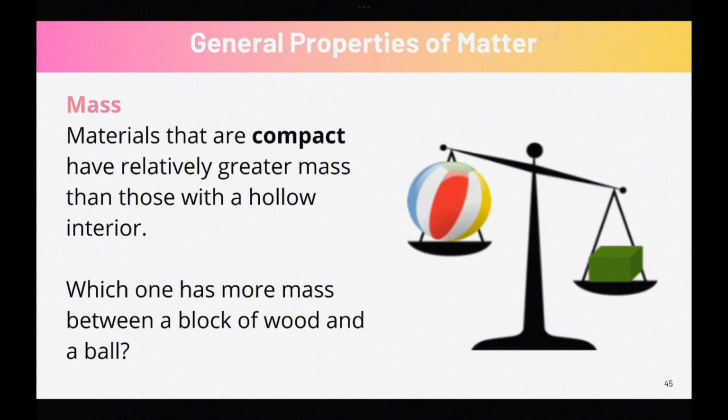For example, in the picture on the right, which one has more mass between a block of wood and a ball? Definitely, the more compact material here is the block of wood, compared to a ball which has a more hollow interior. If you recall the different states of matter, we have solid, liquid, and gas.